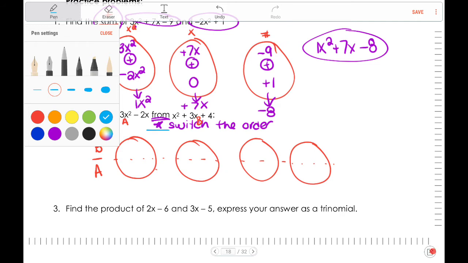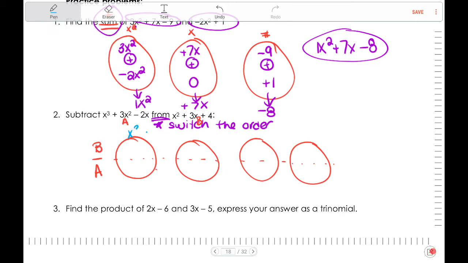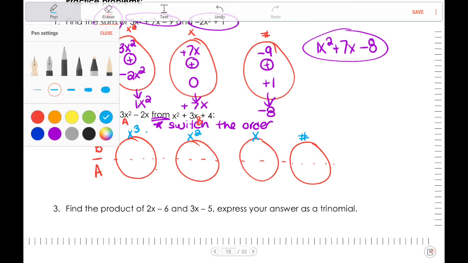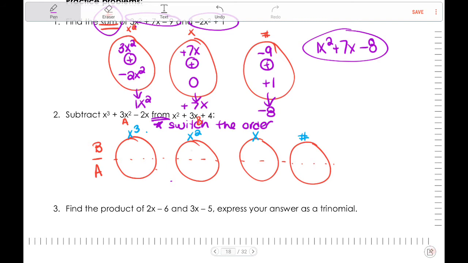So if you notice here, these exponents have x cubed, x squared, x, and a number. So I'm going to put in my B term is only going to start at the x squared. And then my second term, which I'm labeling as A, is going to go on the bottom.